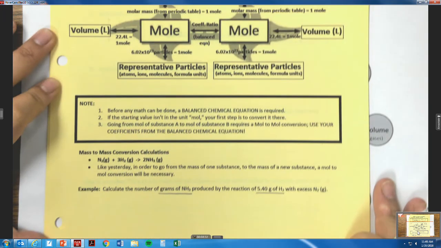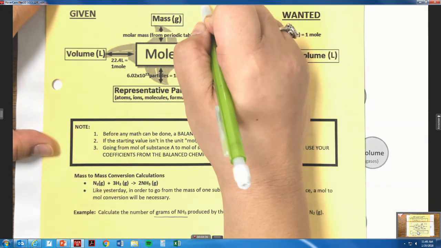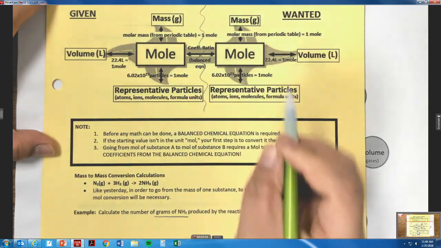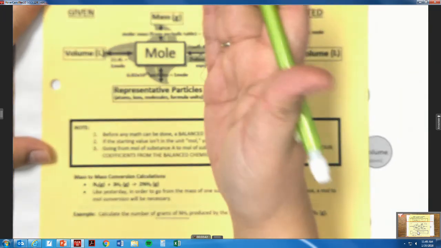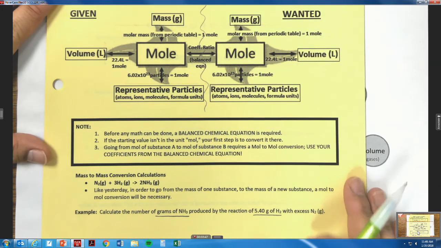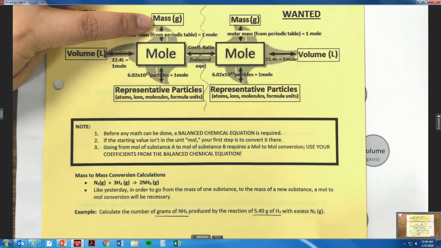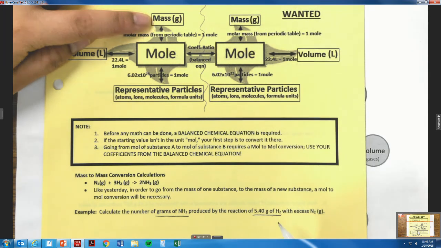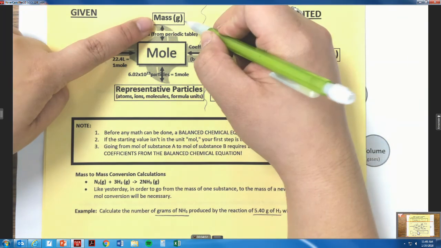If we take a look at our mole map, I like to divide this up so that I know this side is for my given, and this side is for my wanted, or whatever I'm trying to find. If my given is 5.4 grams of H2, then this right here is my starting point. I am starting at mass.